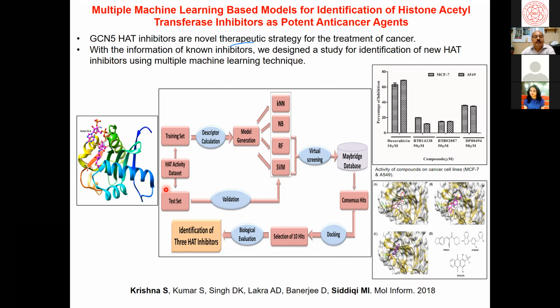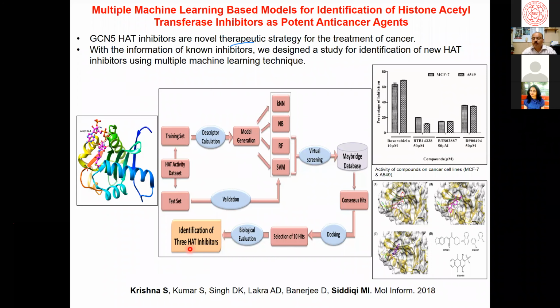The data set was classified into training and test sets. Descriptors were calculated, and models were generated using KNN, naive Bayesian, random forest or SVM. The best classification model was used for screening. Consensus hits were identified, these were docked, and finally she zeroed in on the selection of the most suitable hits for biological evaluation, which resulted in the identification of active hits in the screening of these molecules.